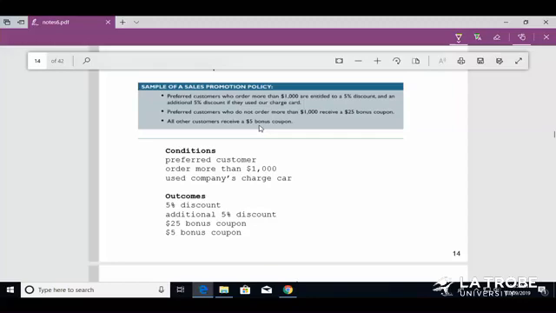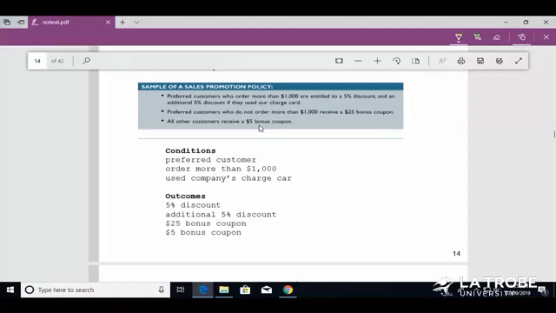Can we say using the company charge card is a condition by itself? Yes. What is the outcome of that condition? An additional 5% discount. So now we have two conditions and two outcomes. All right, continue.